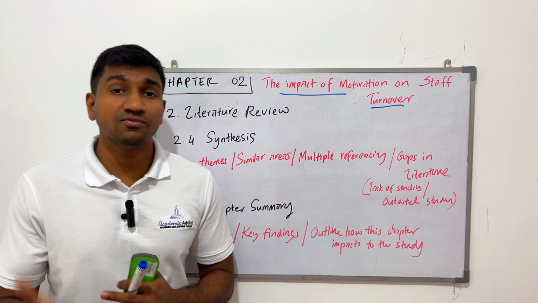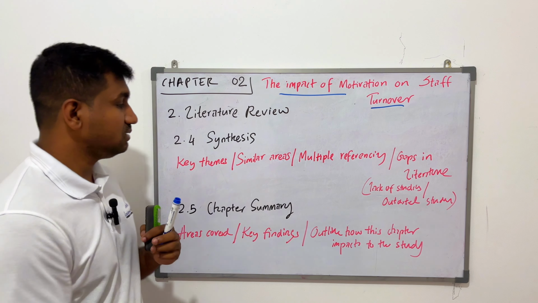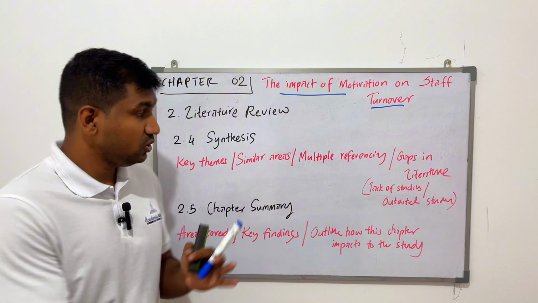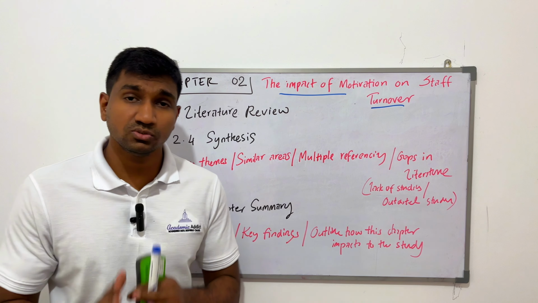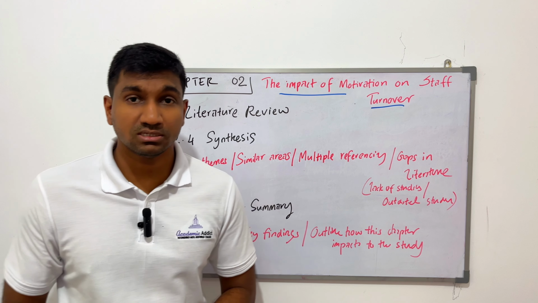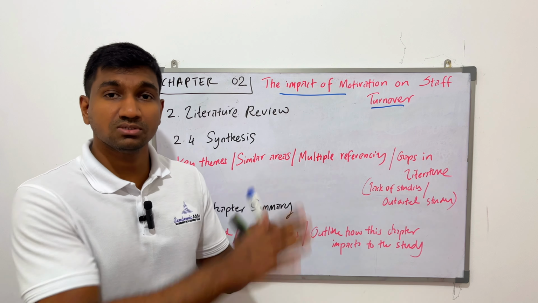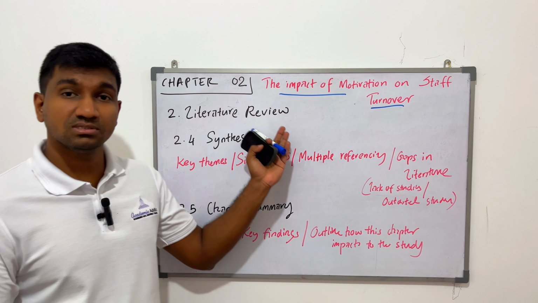So it's quite an advanced way of summarizing things. So key themes, similar areas, and also when you write these things, you should not bring new citations under this section. Under synthesis, you should not bring any new citation. These are all based on the sections that you have covered, based on the literature information that you have already written in your previous sections.